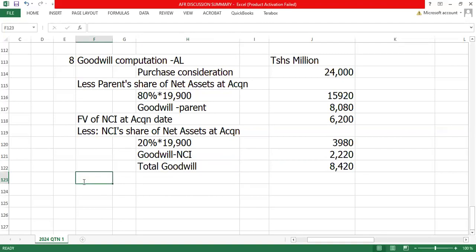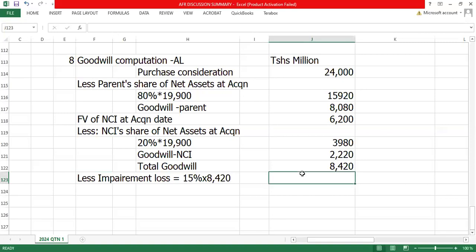Then you raise the impairment loss. From the question, what was the percent? 15% times 8,420.